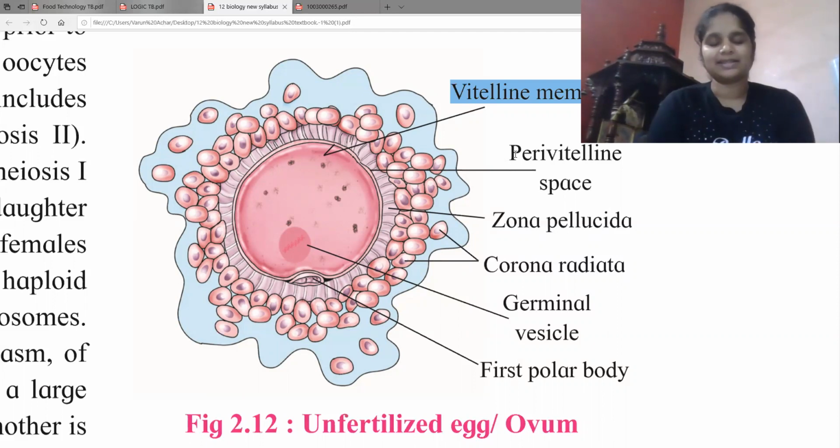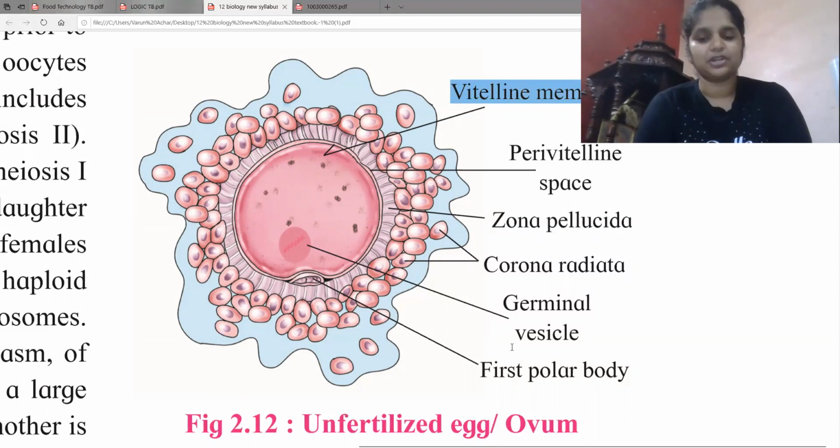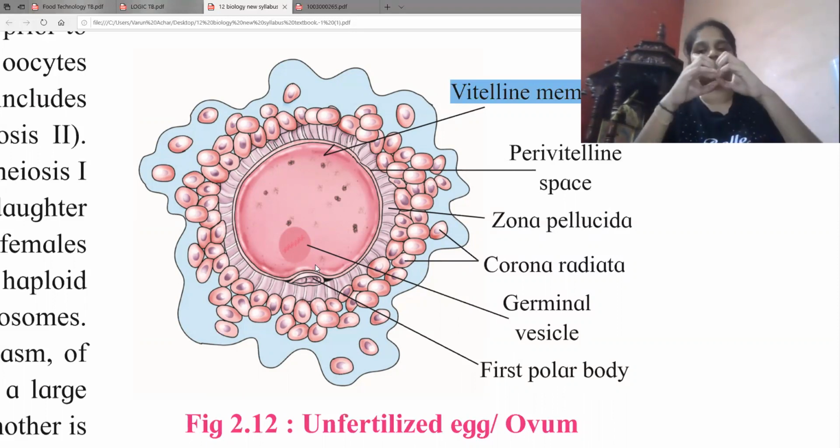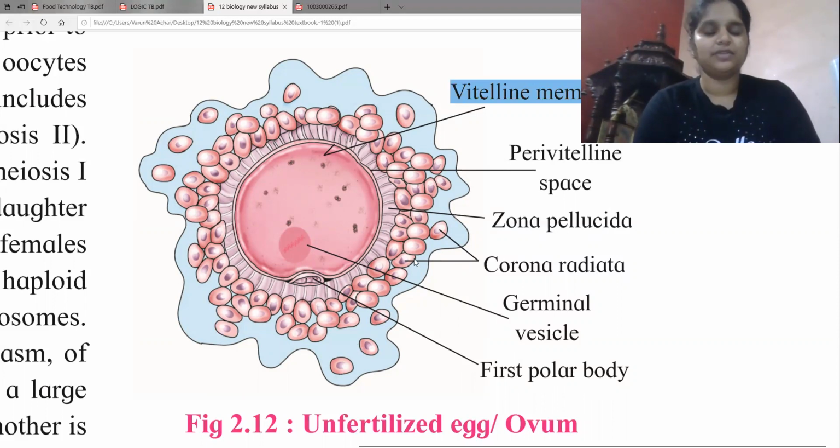One cell gets more cytoplasm, the other cell gets less. The cell which received less cytoplasm we called a polar body. Now you all remember that the meiosis of this cell is not complete yet. It has gotten arrested, so the cytokinesis is not complete, and the cells have not separated out. They have divided, but they are still stuck to each other. So in this perivitelline space, you are going to find this polar body.